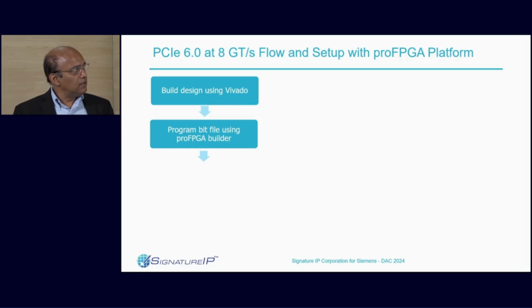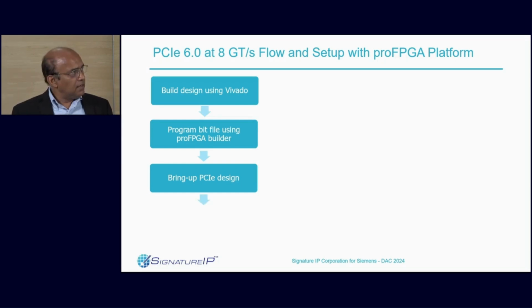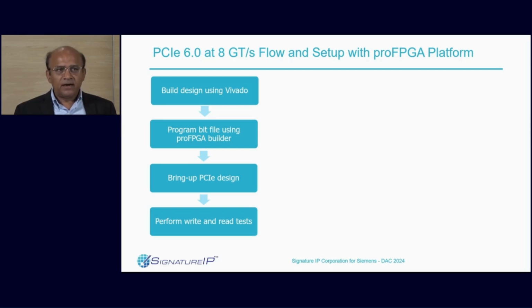Once you create the bit file using Vivado, you program the bit file in the Pro FPGA builder, and then you bring up your PCI design, and then you do your memory write read and DMA things like that, all the testing. So this is the demo that you will be seeing.